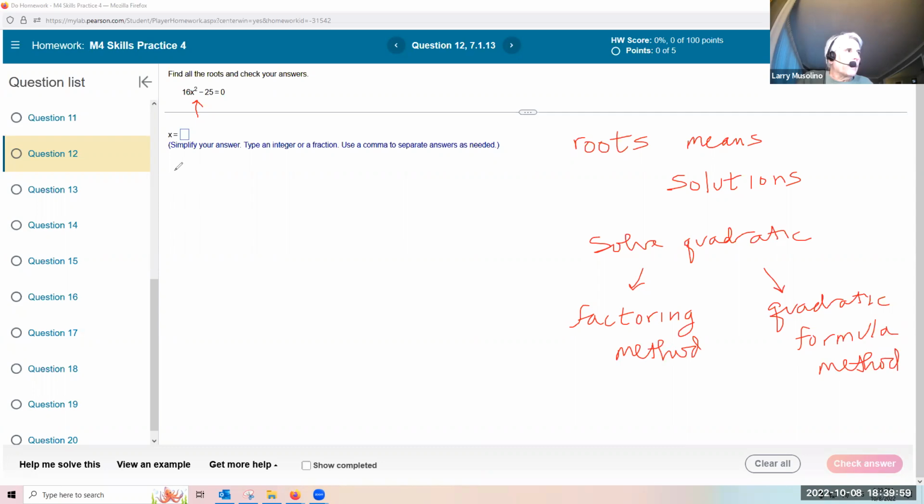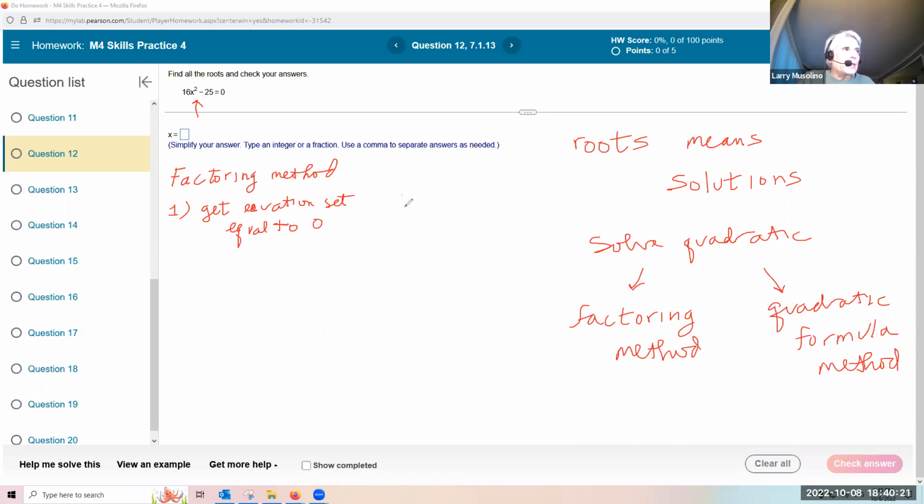Step 1. So this is the factoring method to solve quadratic equations. What we do here, step 1, is get the equation set equal to 0. Well, it turns out in this example, it is set equal to 0.